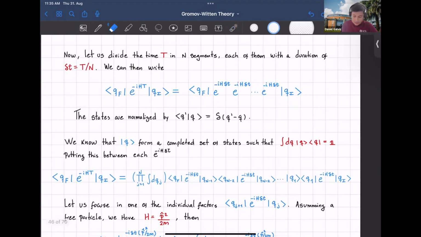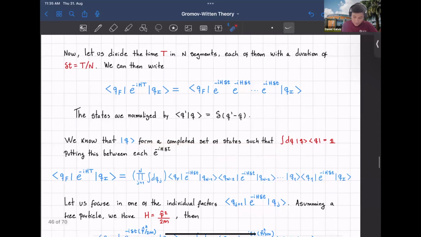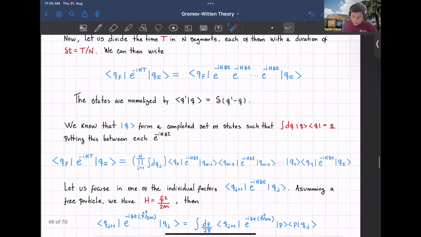So we know that these q form a complete set of states. Remember, these states live in our Hilbert space, and we also have the completeness property. And then we will put this between each of these.